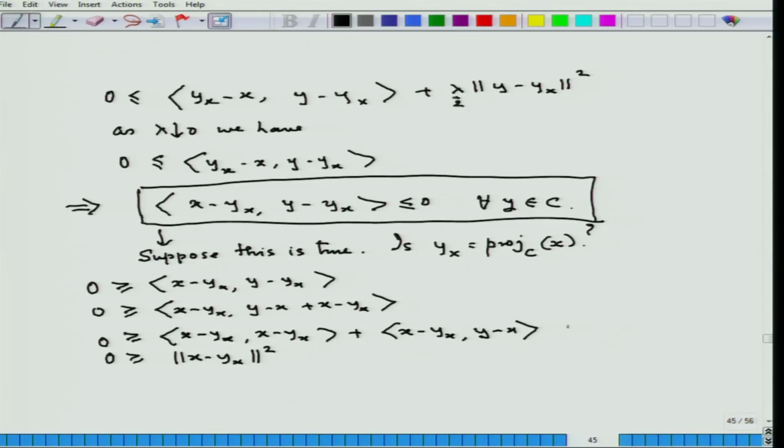and by using the Cauchy-Schwarz inequality, this is obviously greater than minus of norm x minus y x times norm y minus x. Cauchy-Schwarz.